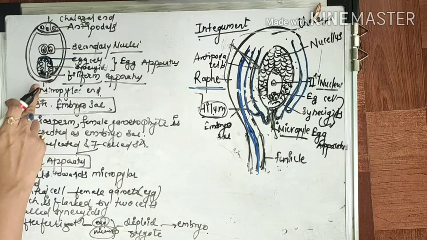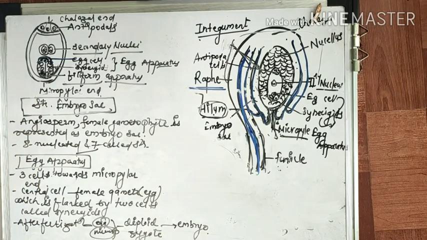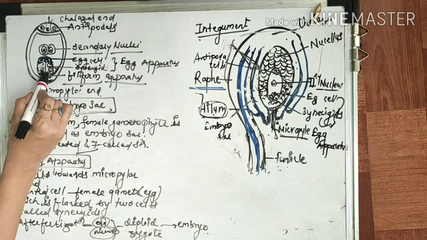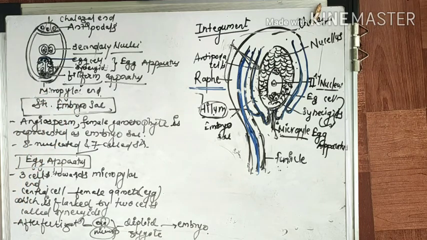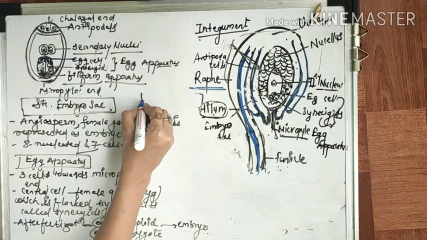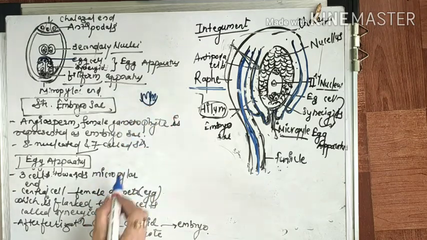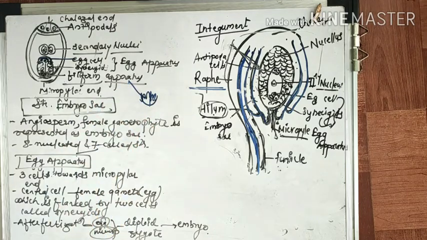The synergids bear a special cellular thickening at the micropylar tip. These 2 cells bear a very special thickening over here. You can observe this part. Here I am drawing again. This part is called the filiform apparatus.